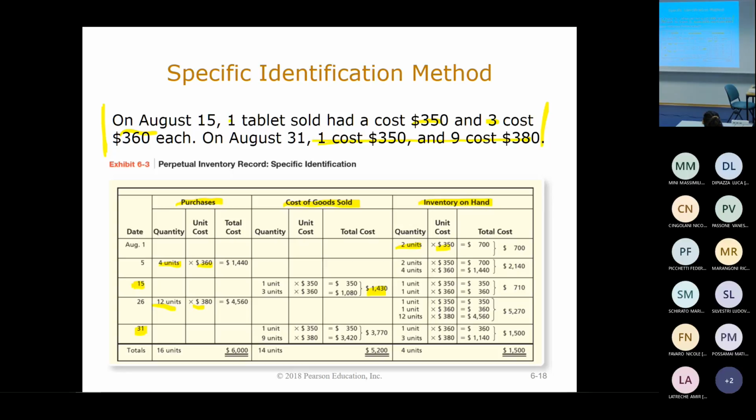Okay, so if the cost of goods sold is 1,430, the entry would be debit cost of goods sold, credit inventory 1,430. You don't see the details, but behind that there is a detailed schedule like this one, because the company needs to keep track of the inventory in real time, so they know exactly how to journalize, because they know the amounts, the values, and the cost per unit.